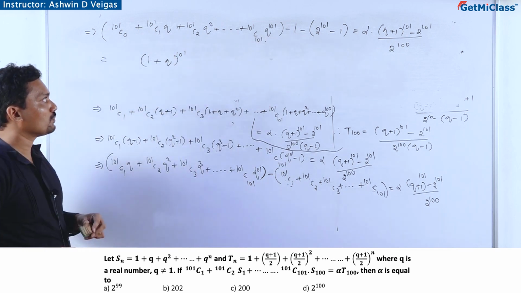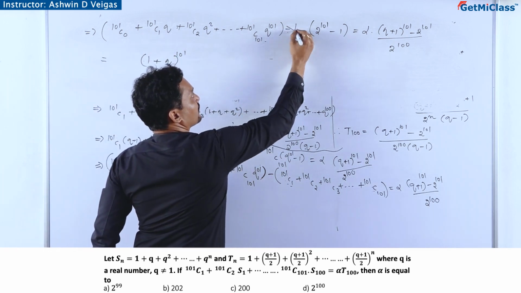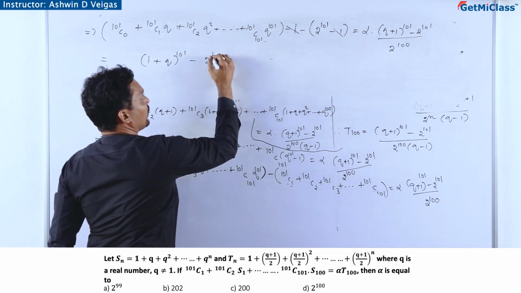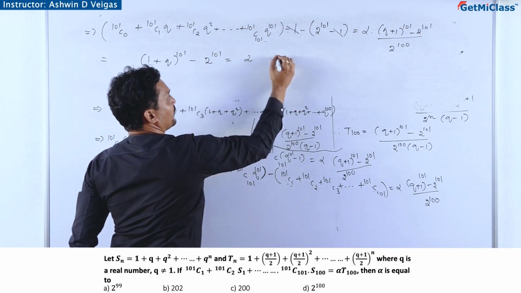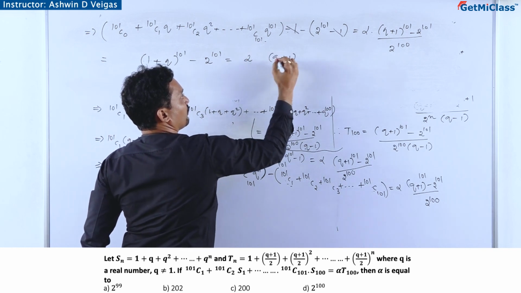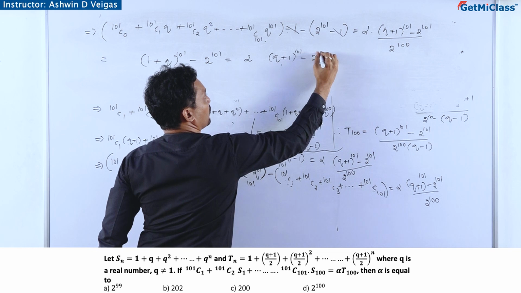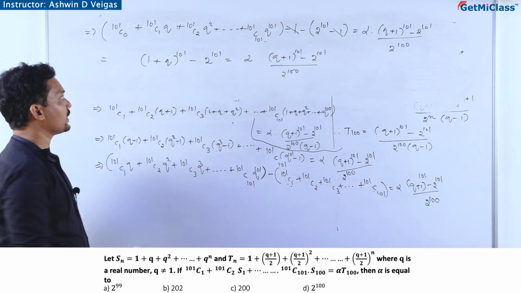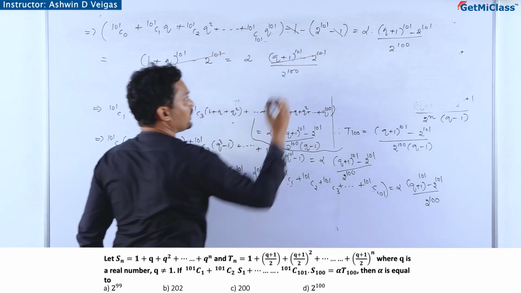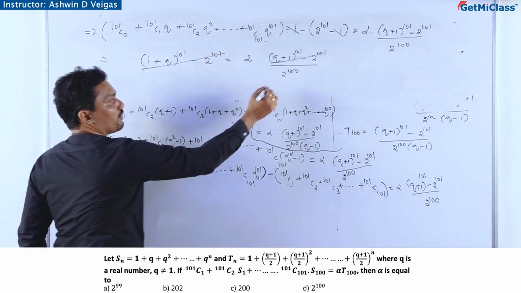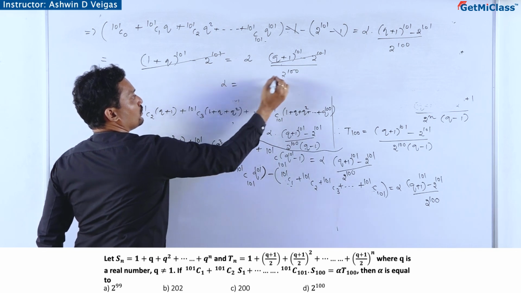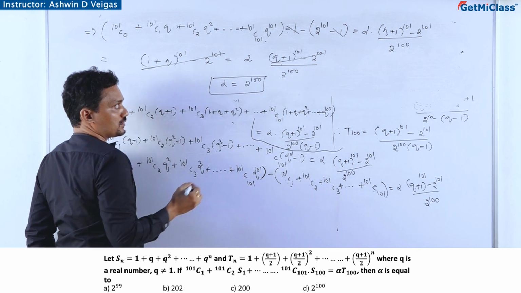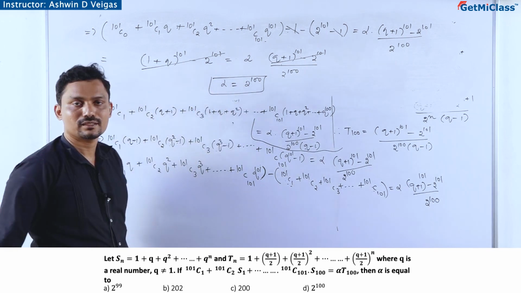Here this minus 1 and this plus 1 cancel, so you will get minus 2 power 101 equal to alpha into q plus 1 power 101 minus 2 power 101 divided by 2 power 100. If you look at both sides, this is exactly common, so this will get cancelled, and when 2 power 100 cross multiplies, you will get alpha equal to 2 power 100. Hence alpha was the question, so 2 power 100 is the required answer.